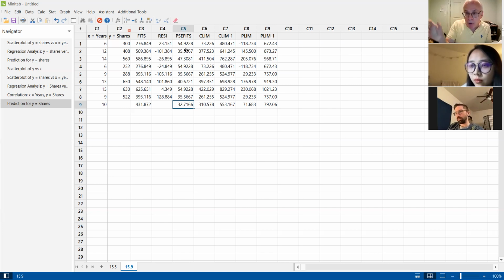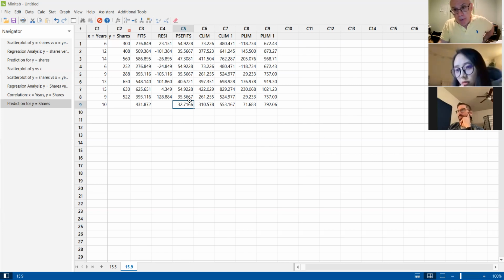Remember the square root with all that stuff inside of it? 1 over n plus blah, blah, blah, blah. Remember that from last time? Well, if you multiply those two numbers, you get these.